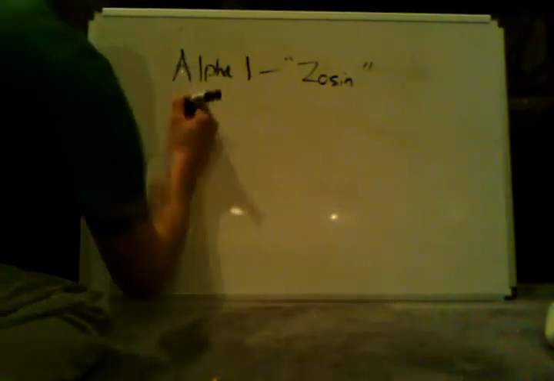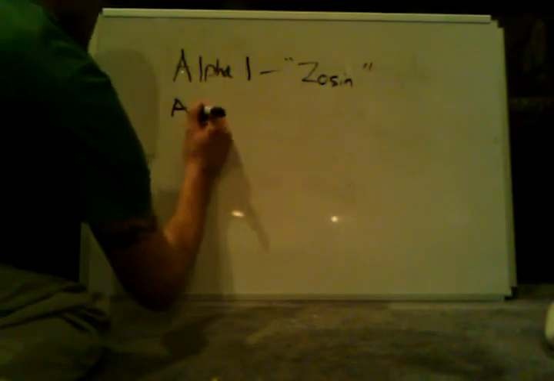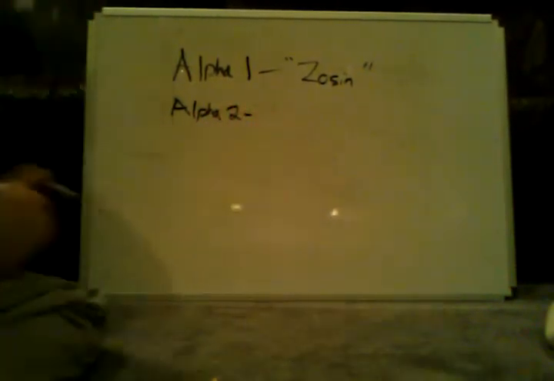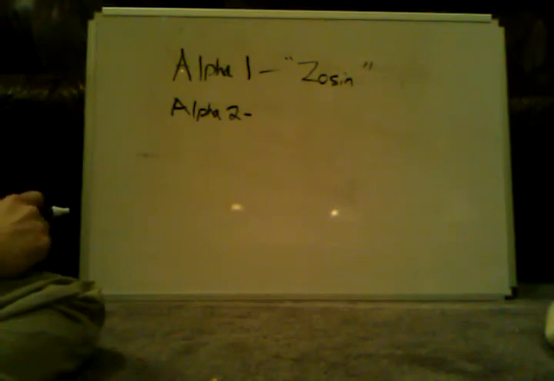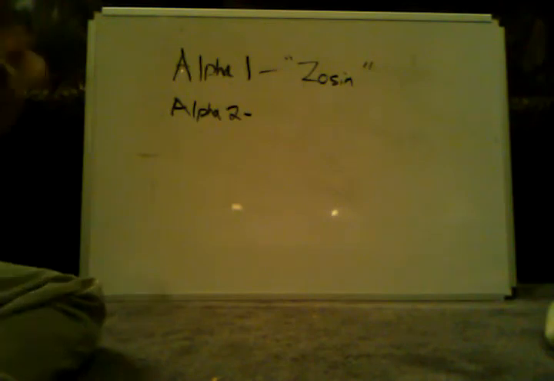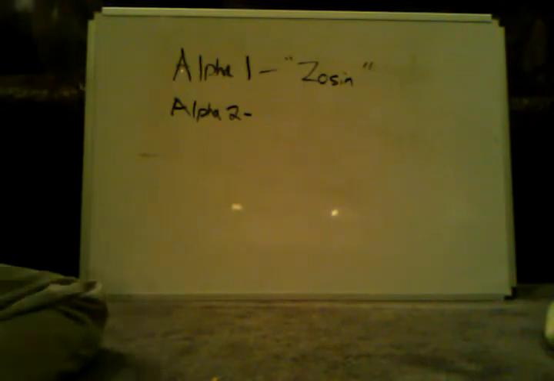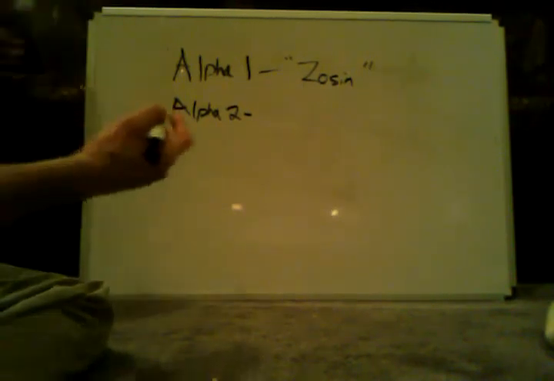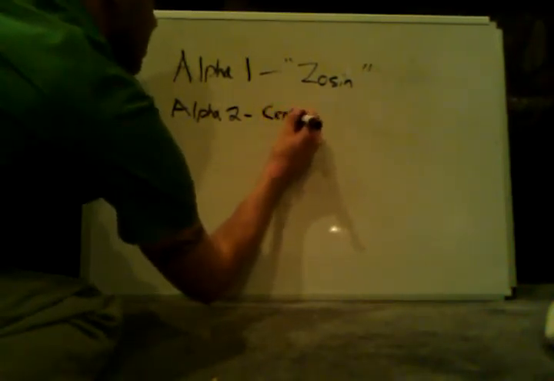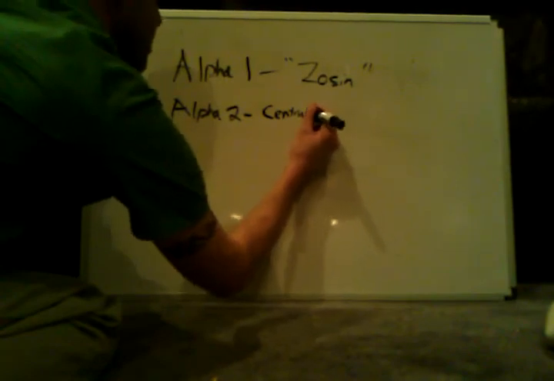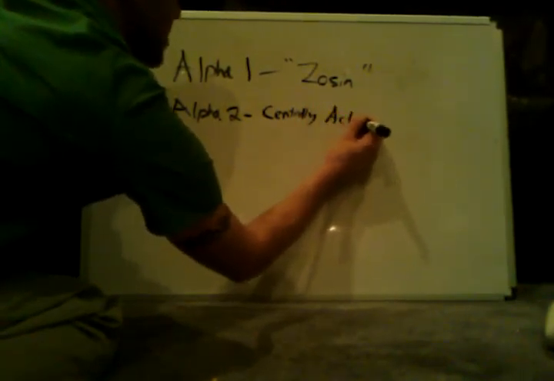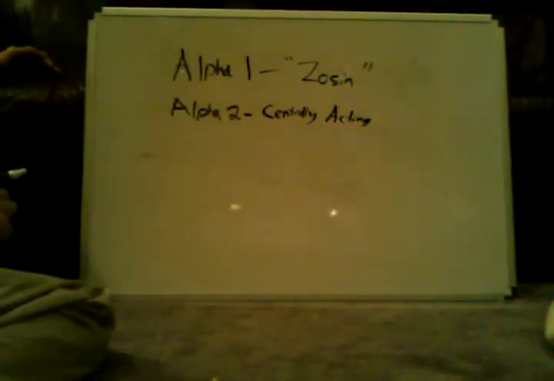And the last A are alpha 2s. And they are another name for, the long phrase for them is centrally acting alpha 2 agonists.